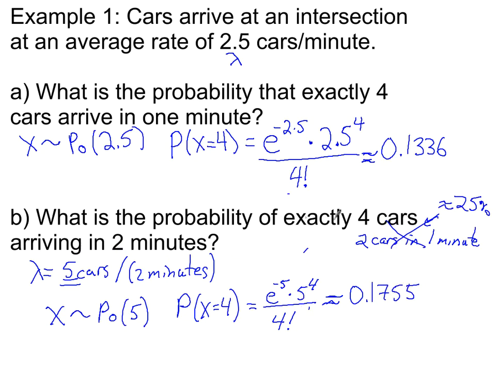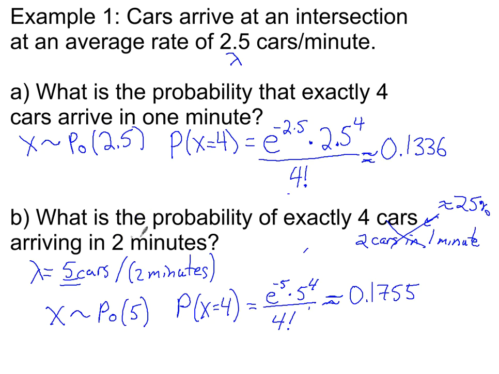4 cars in 2 minutes can happen in more ways than just 2 cars and 2 cars, right? That's just one possibility. Now, it might be the most likely possibility, but it's just one possibility, and so those probabilities don't match up.